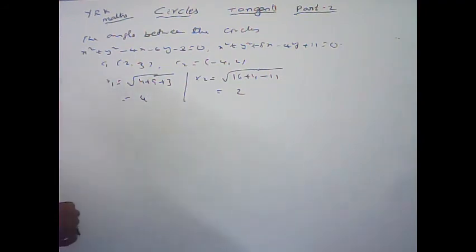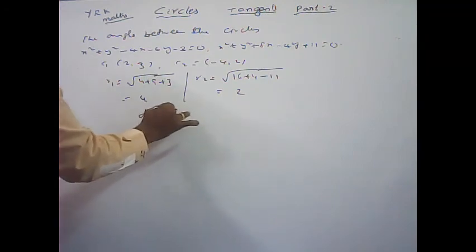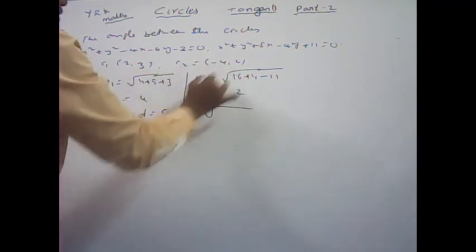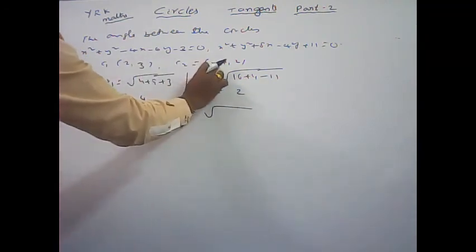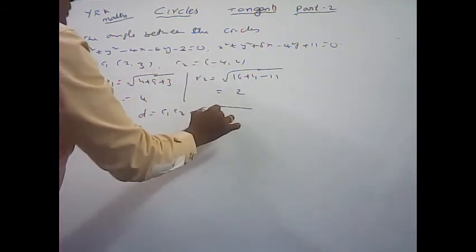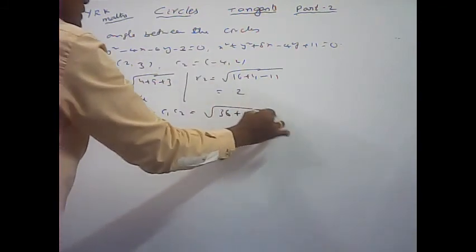We want the angle between both the circles. And what about d? d is nothing but C1 C2, that is root of (x2 minus x1) whole square plus (y2 minus y1) whole square: minus 4 minus 2, that is 6 square, 36, plus 1, that is root 37.